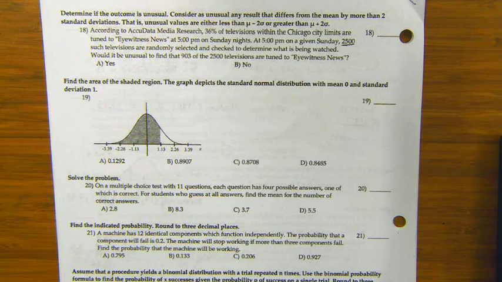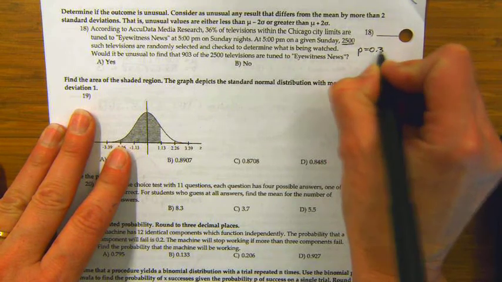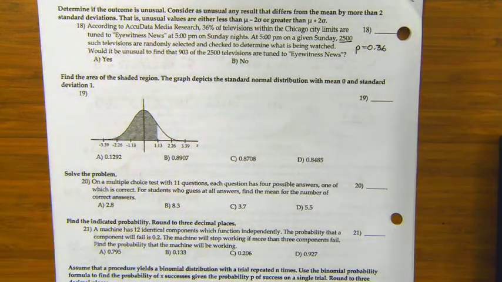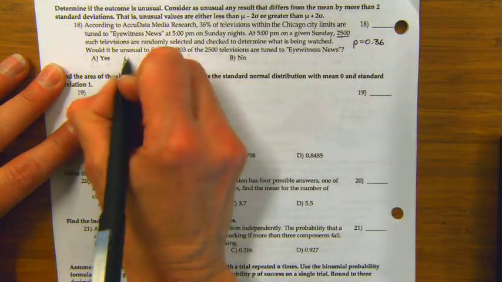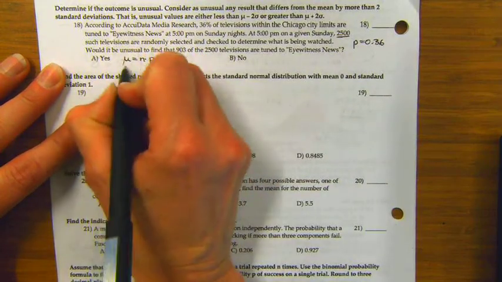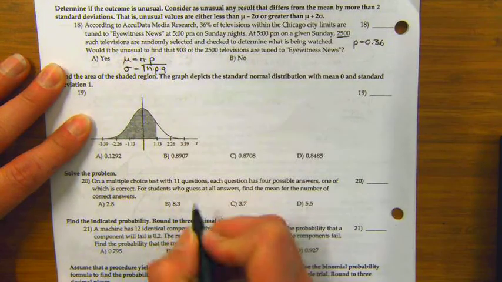And is one independent from another? Yes, that's the case. And does the probability stay the same from household to household? Yes, that's correct. P is 0.36. Then you're going to calculate the mu, which is n times p, and the standard deviation, which is the square root of n times p times q.